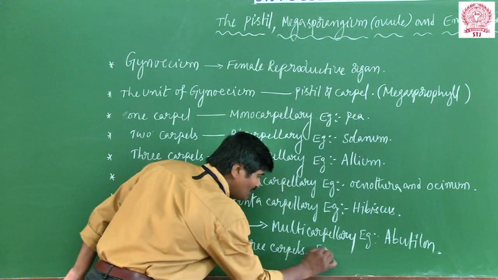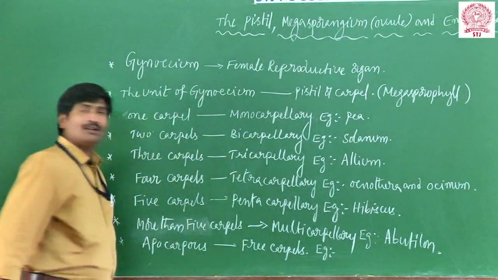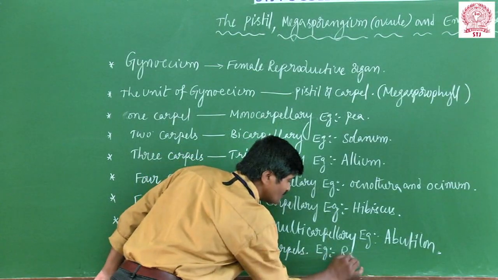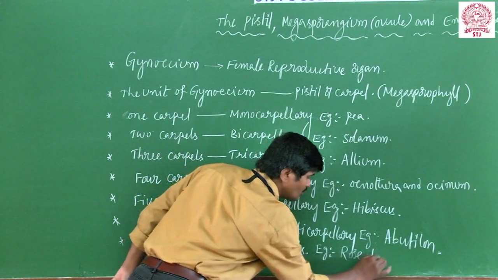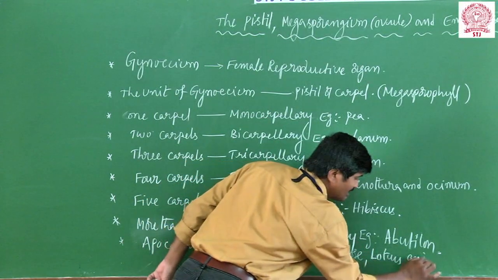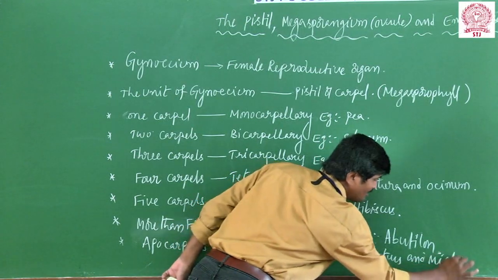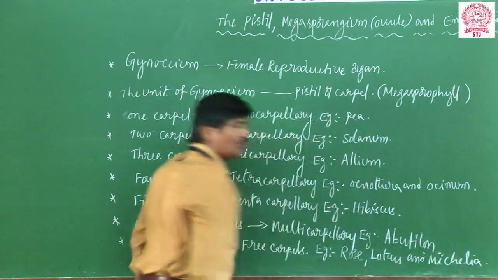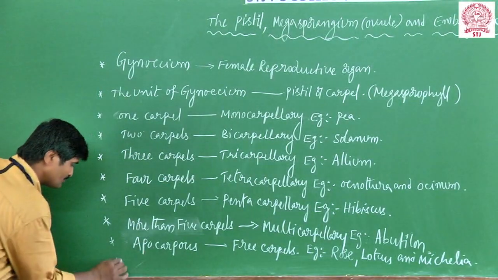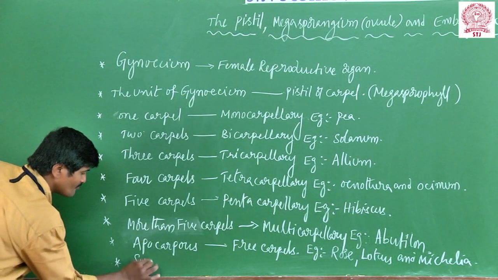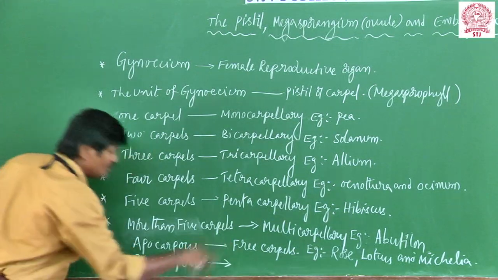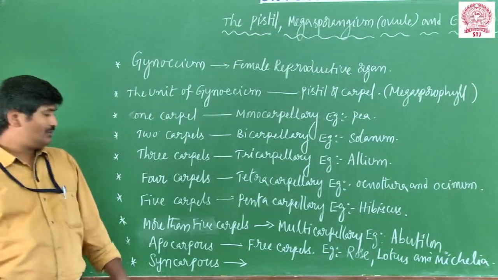What are examples for apocarpous? The examples for apocarpous: rose, lotus, and Santalum, the white sandalwood tree. Next one, the syncarpous condition. What is the syncarpous condition?